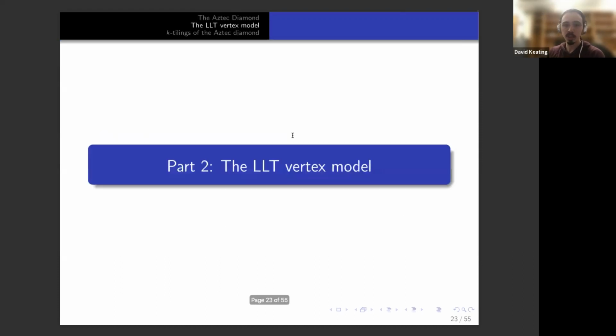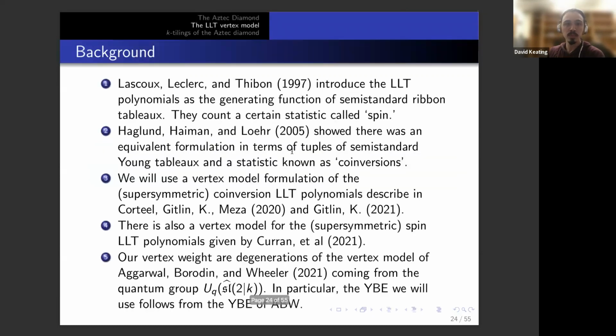Okay, so this vertex model is related to LLT polynomials. So I'm going to talk about that briefly. I'm going to call it the LLT vertex model. Just some background on LLT polynomials: they were first introduced by Lascoux, Leclerc, and Thibon, who they are named after. They were studying semi-standard ribbon tableaux, and they were counting a certain statistic on ribbon tableaux called spin.